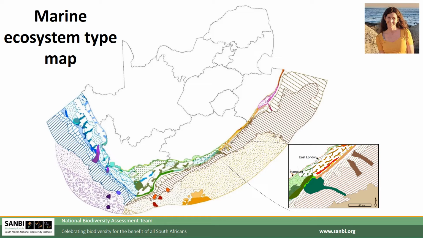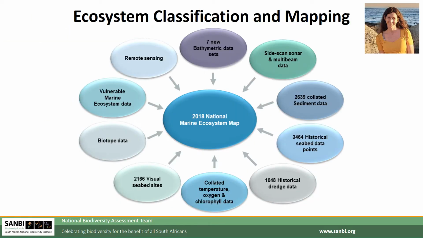The work to compile the marine ecosystem map is convened through a marine ecosystem committee, and there's a whole network of marine scientists and many data sets that underpin this map. The kinds of data sets included reflect depth and bathymetry, so both side scan, multi-beam, single beam bathymetric data.